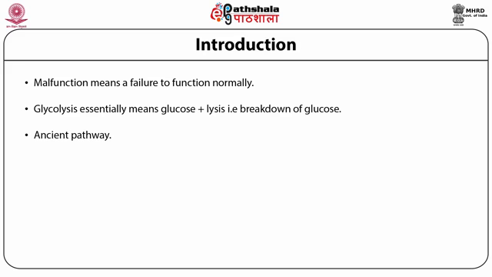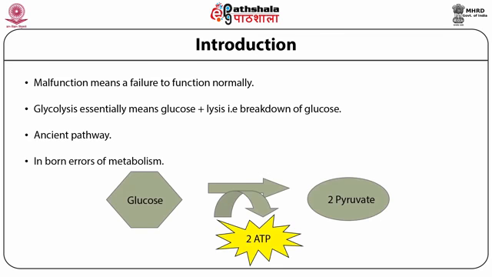Malfunction of glycolysis leads to inborn metabolic disorders. It is also called inborn errors of metabolism. Inborn errors of metabolism are a set of genetic diseases that occur due to malfunction of a specific metabolic pathway.